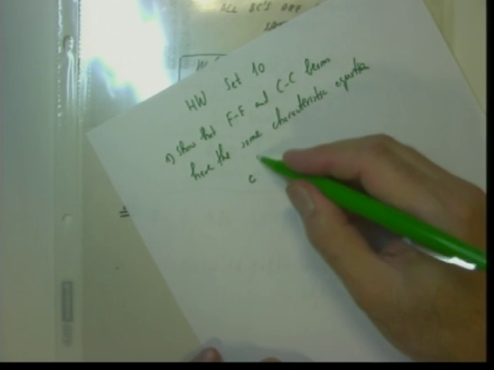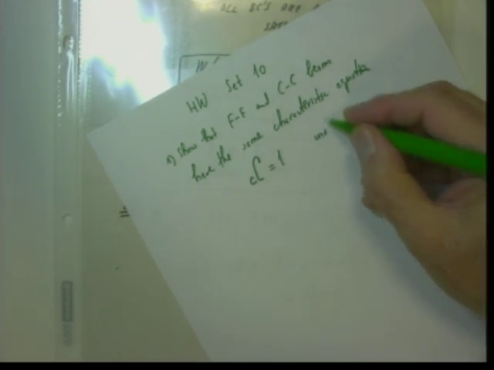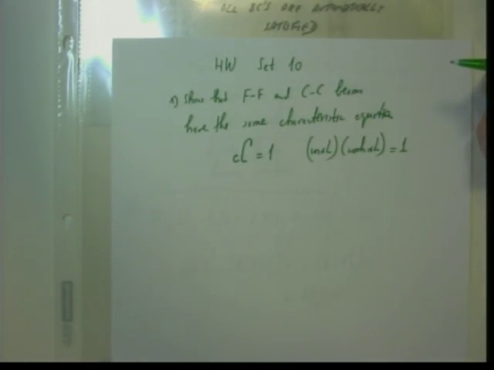I think for clamped, if you check, it is cosine alpha L times hyperbolic cosine alpha L equals 1. Please check this. I think that is the equation.